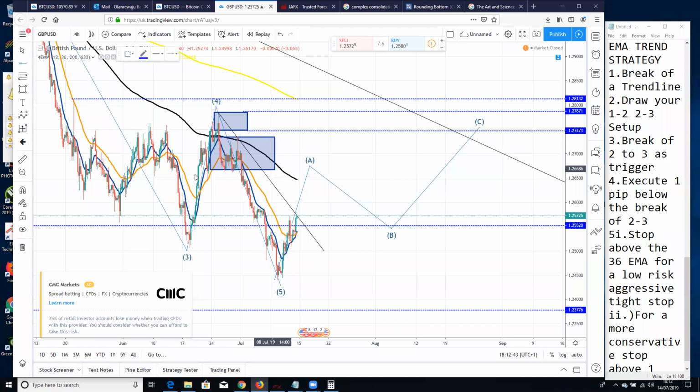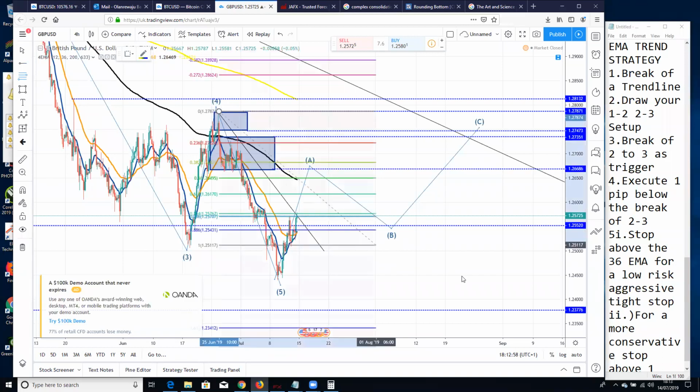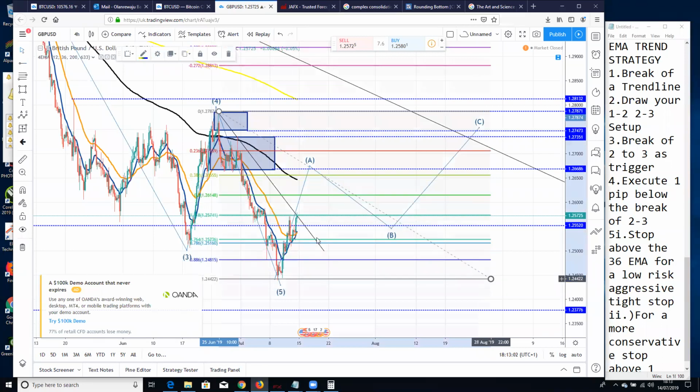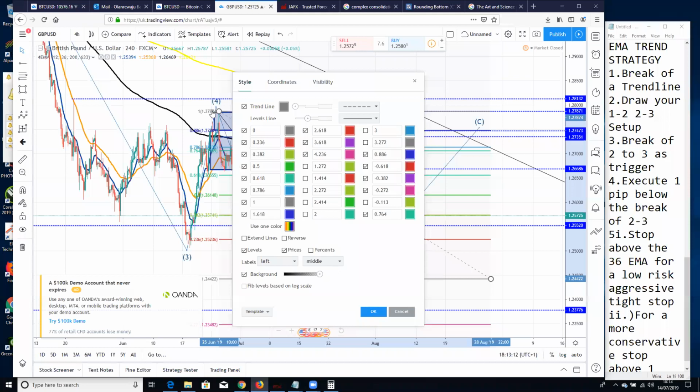We can tally another thing quickly into things by making sure that we look for the Fib retracement of that. So the Fib retracement of this is taking us back to 61.8% retracement. All right.